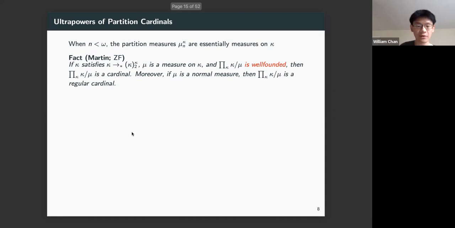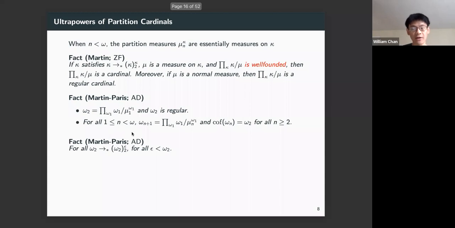So applying this result, Martin and Paris showed that under AD alone, you can conclude that the ultrapower of omega_1 by the club measure on omega_1 is well-founded using this Kunen tree analysis. I guess originally they probably used indiscernibles.